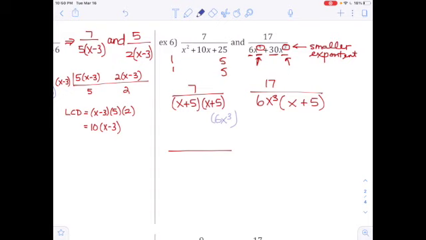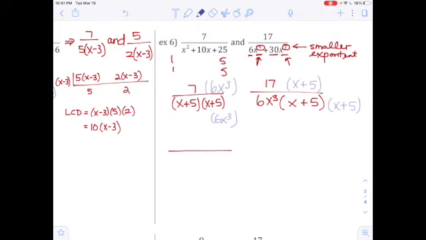This one is also 6x to the third. But the second one, under the 17, I have 6x to the third, but the one thing I'm missing from the other one is I'm missing 2 of the x plus 5. So literally, it's just finding what each is missing to make them look exactly the same. What's the smallest amount that you can use to make each other look the same?